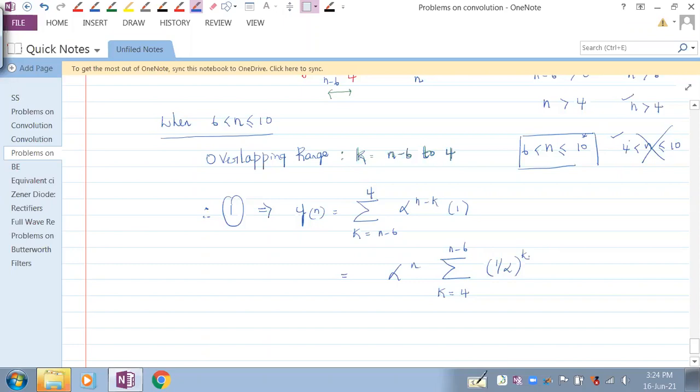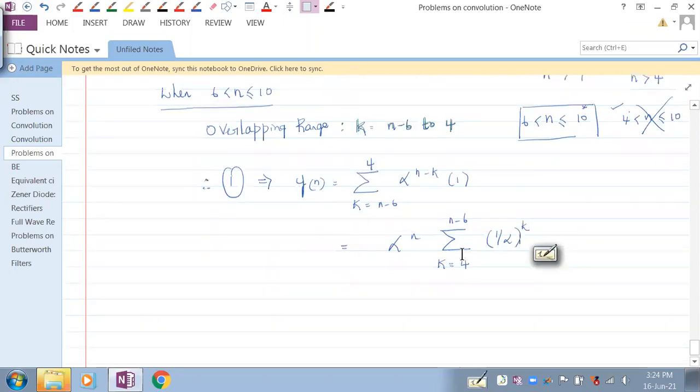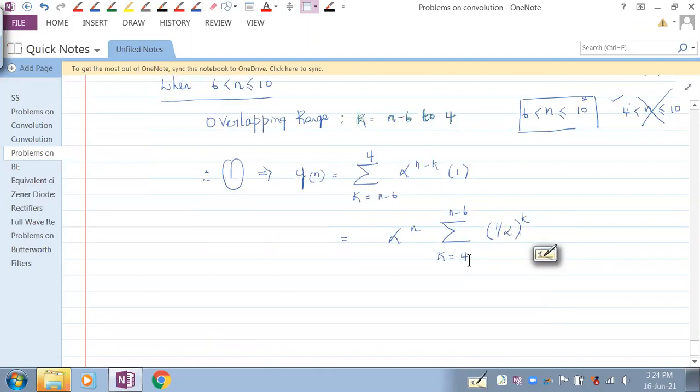Now I need to see this starting at 0, not at 4. What we can do? I need this lower limit to start at 0, not at 4. So that means you will drag it to the left by 4.